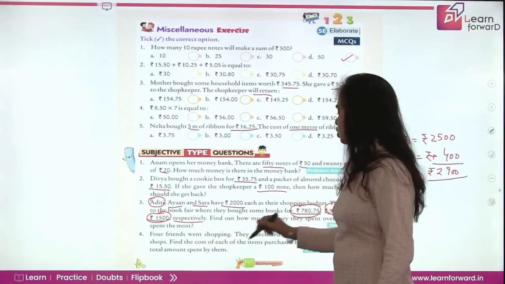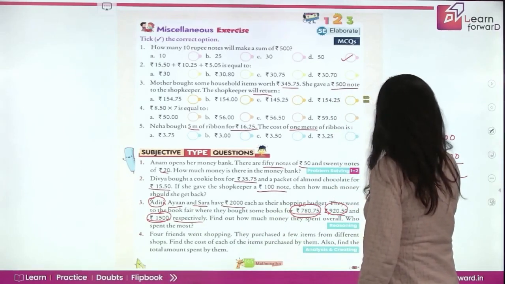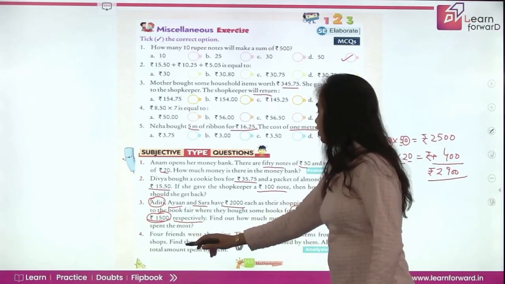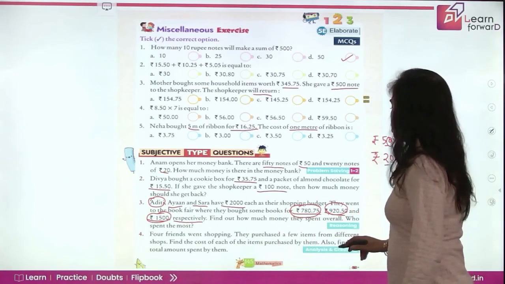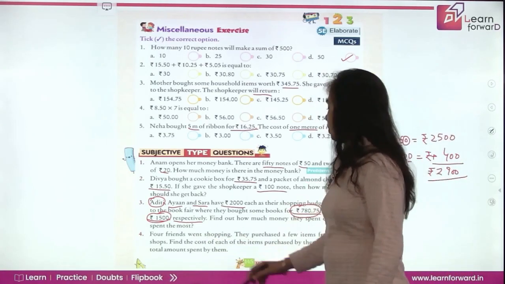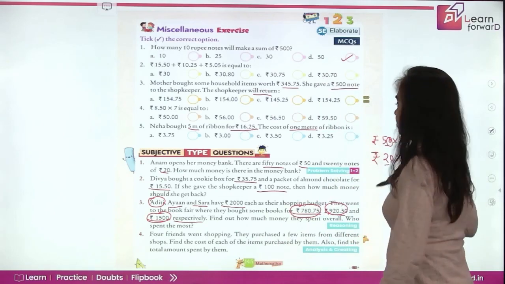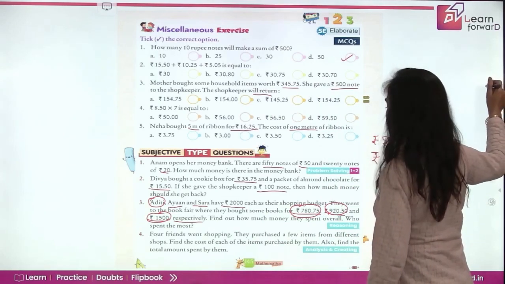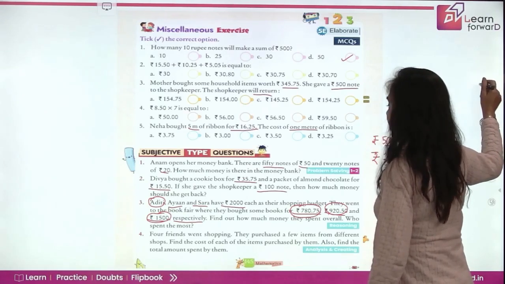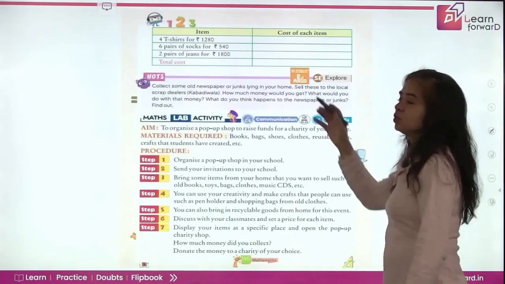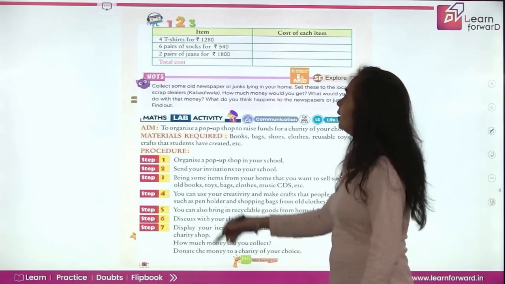4 friends went shopping. They purchased a few items from different shops. Find the cost of each of the items purchased by them, and also find the total amount spent by them.